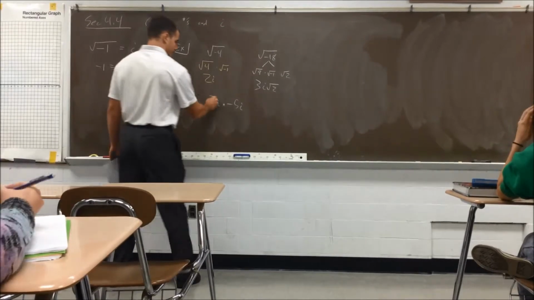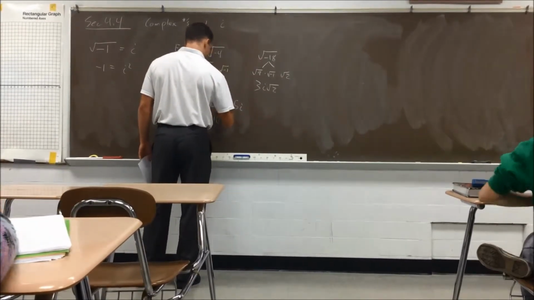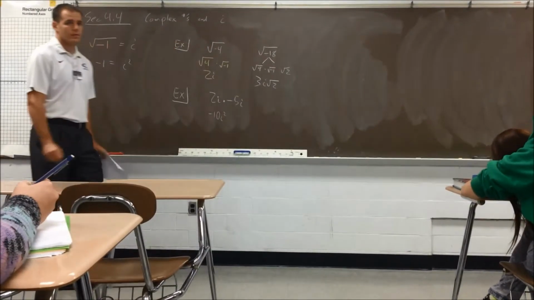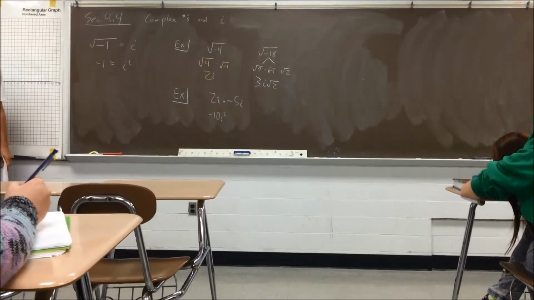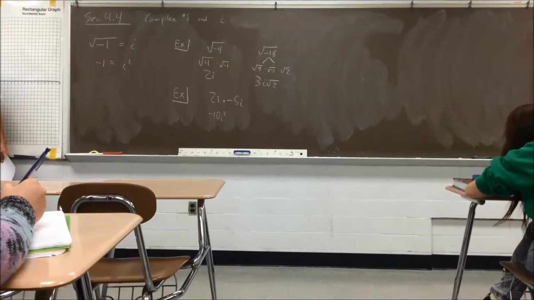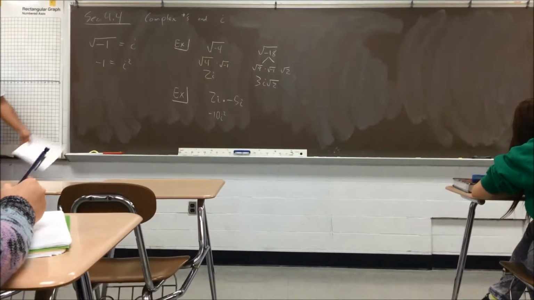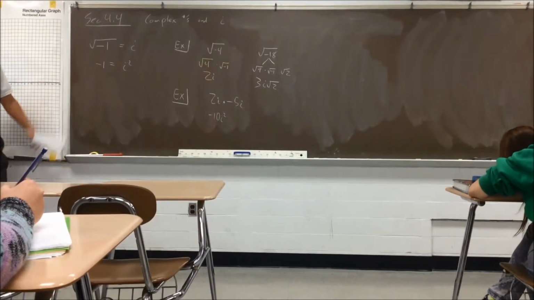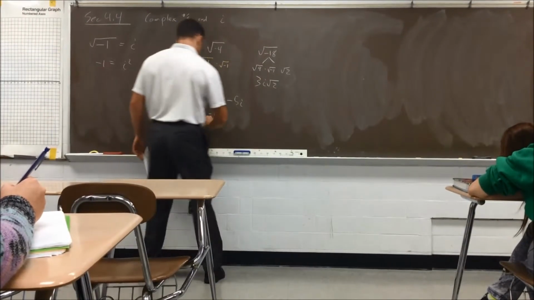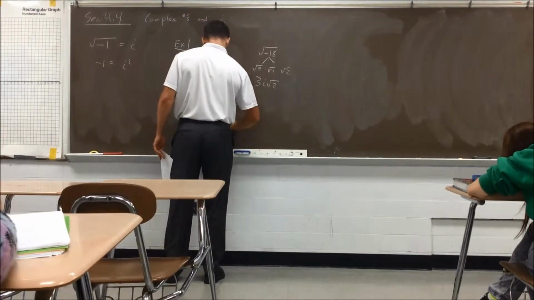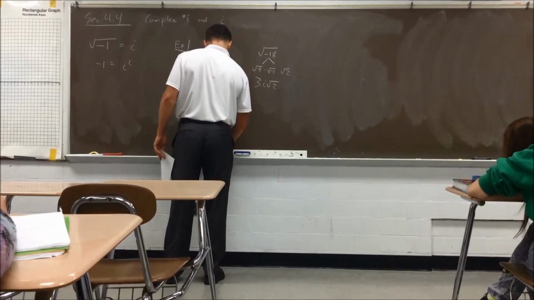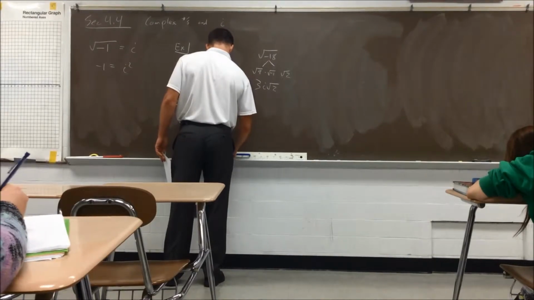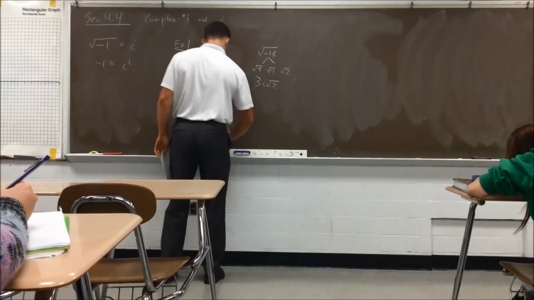So we got 2 times -5 is -10. i times i is i squared. But we're not done, because what is i squared? Square root of -1, or just -1. So this is -10 times -1. So we get the answer of 10.